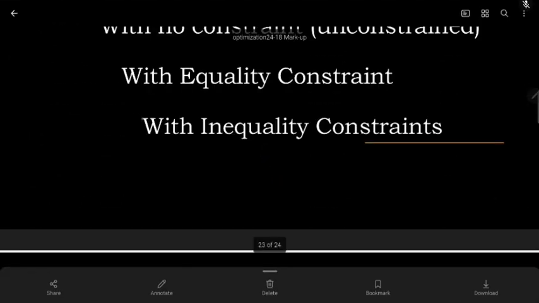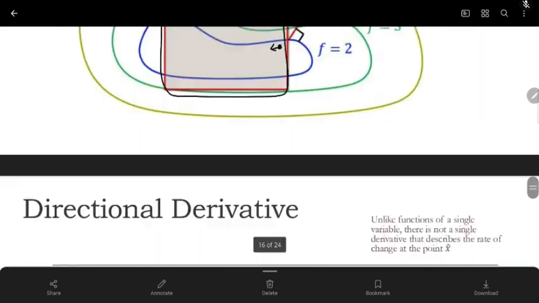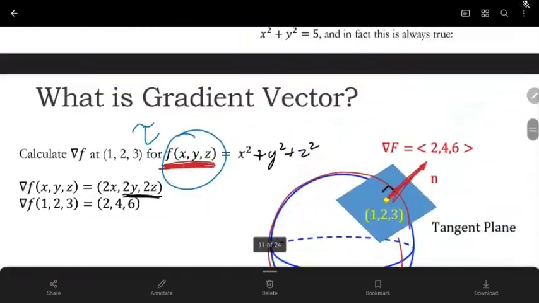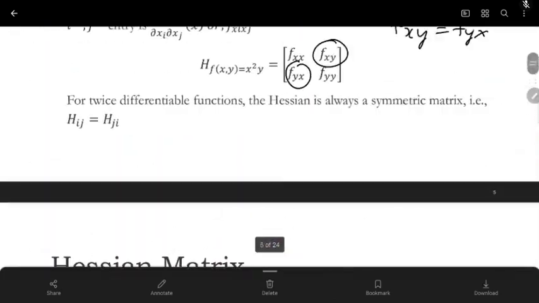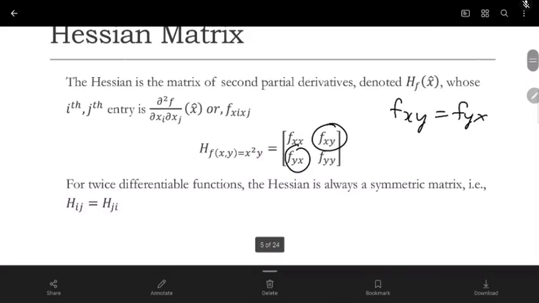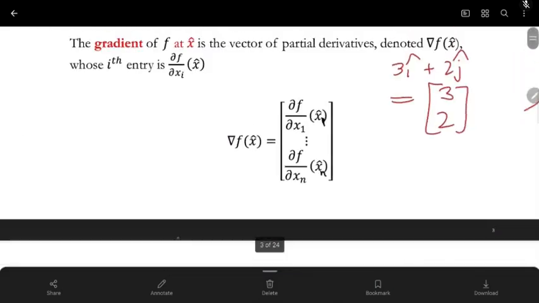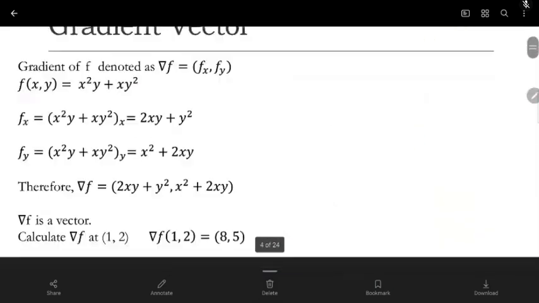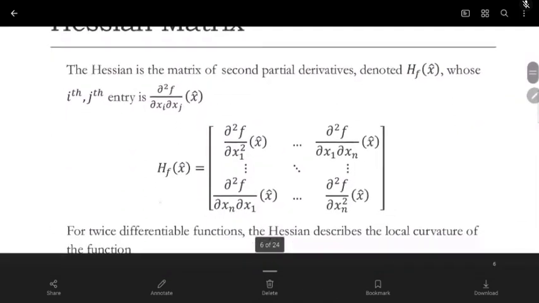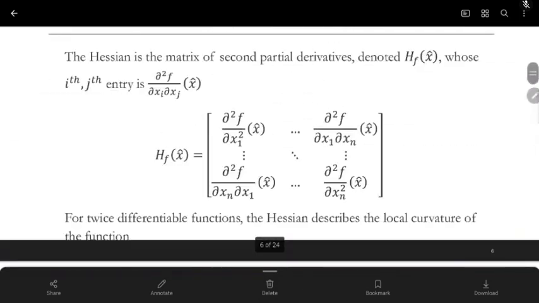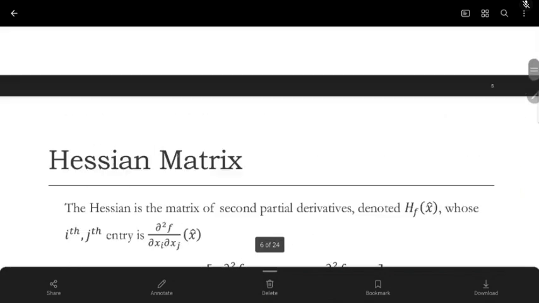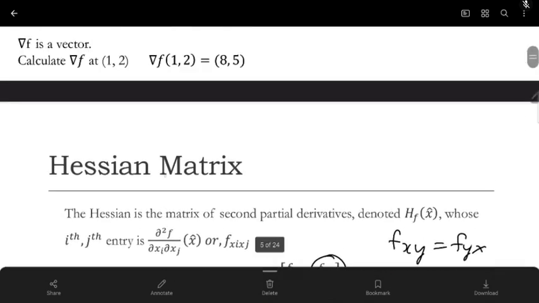Where is this part? This was the Hessian matrix, no? Where is the Hessian matrix? Yes, here. This is the Hessian, that is fine. Where is the condition?